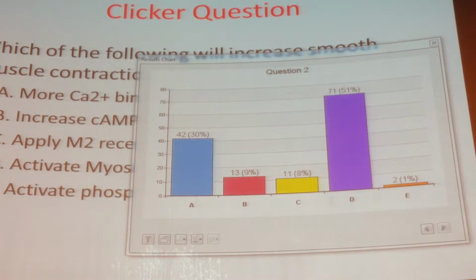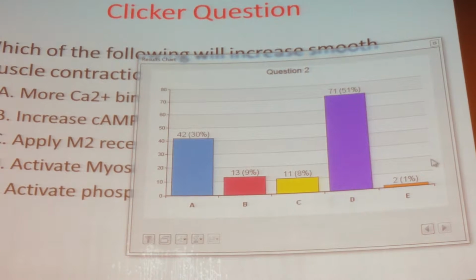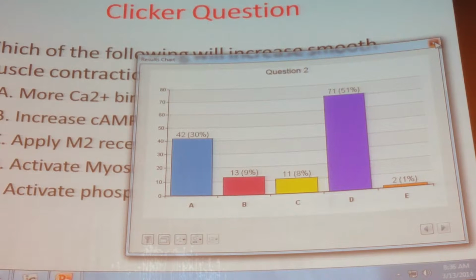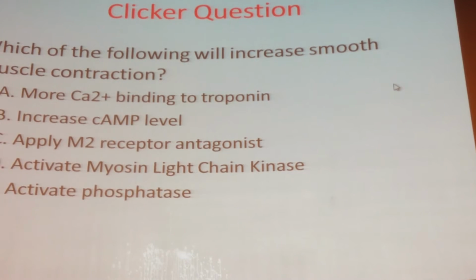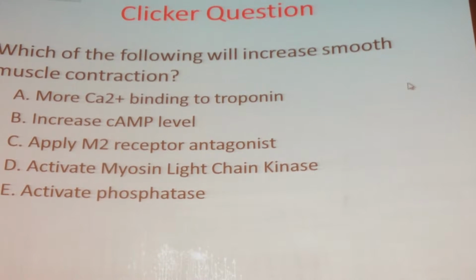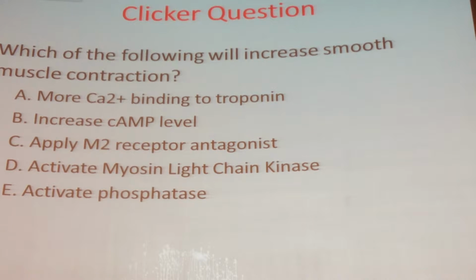Okay, very good. So, can anybody defend or explain why the answer A is not correct? Yes. It's not no troponin. Where do you find the troponin? Skeletal muscle and the cardiac muscle, right? So for smooth muscle, you don't find troponin.